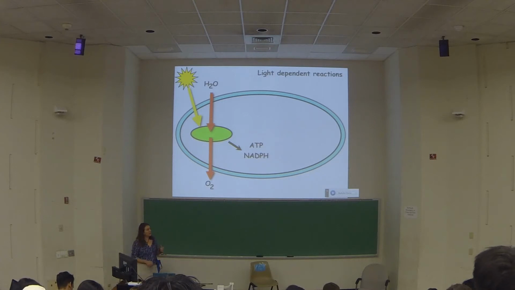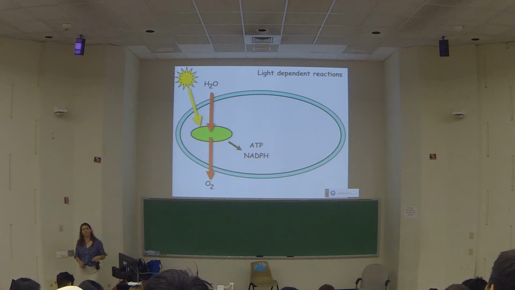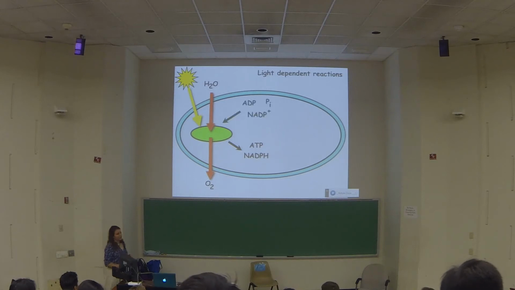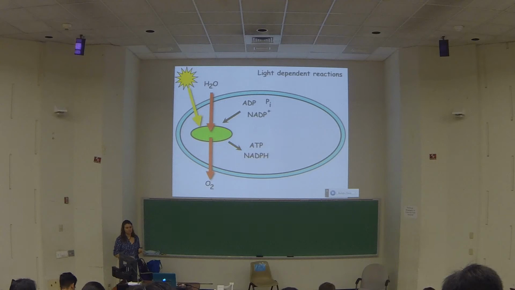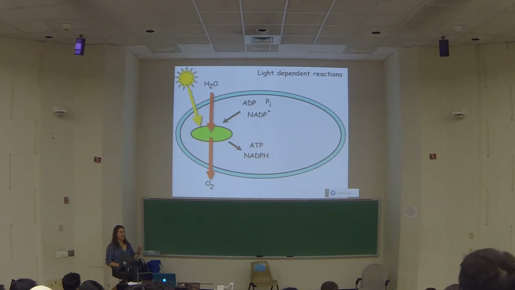Because there's an electron carrier involved, it means we have to regenerate it, just like we did for glycolysis. We need a steady supply then of NADP to keep that reaction going. What was our electron carrier in glycolysis? NAD.